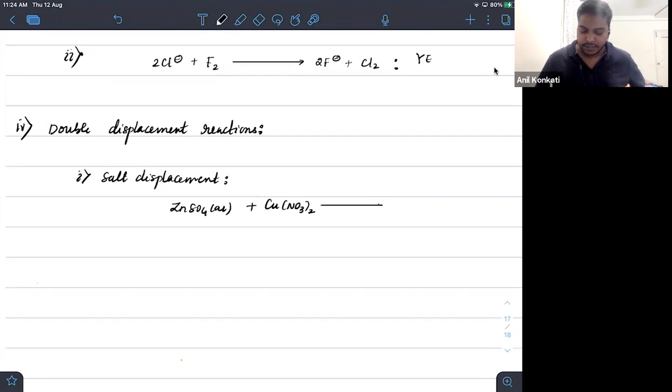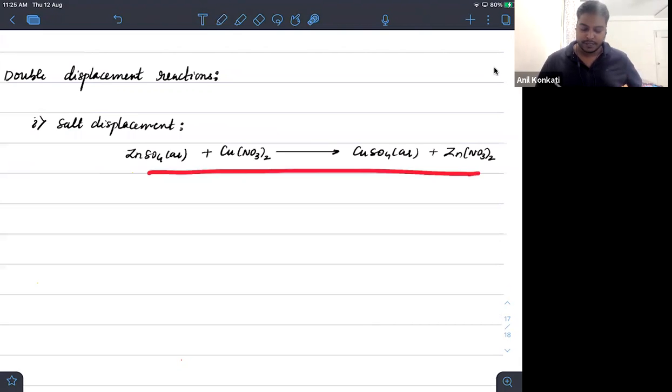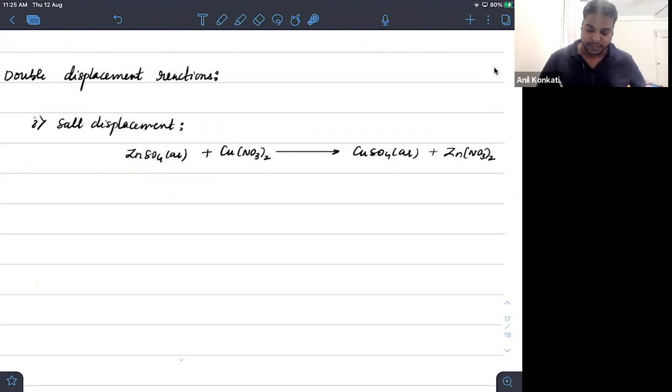Then on reacting this, we will get it as CuSO4 aqueous plus Zn(NO3)2. Okay, this is what is being done. So what happened here, if you observe closely, copper came at this position and zinc came at this position. That's why it is called double displacement. Okay, 1 second.